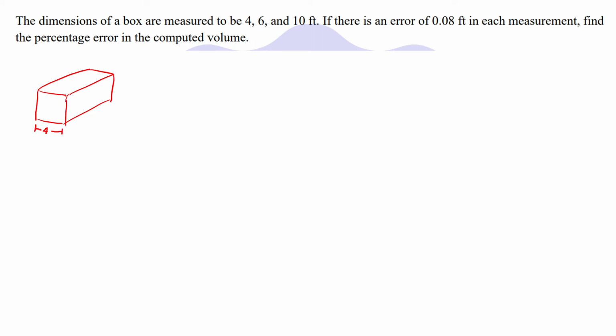Okay, this is 6. Then this is 10. Yeah. 4, 6, and 10 feet. Feet, those are the units. Given: if there is an error of 0.08 feet in each measurement, find the percentage error in the computed volume.